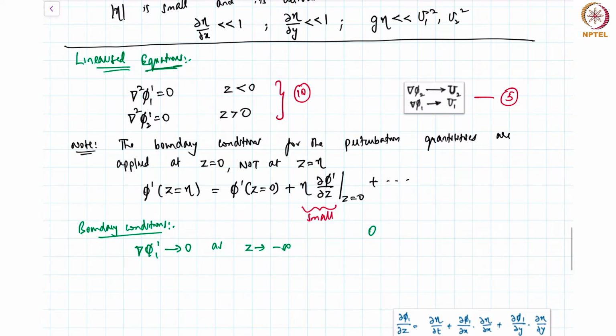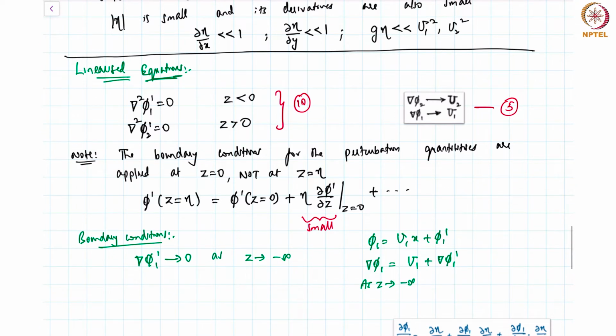If we just simply substitute phi 1 is u1x plus phi 1 prime, then gradient of phi 1 will simply be u1 plus gradient of phi 1 prime. So as z goes to minus infinity, if del phi 1 goes to u1, it means that del phi 1 prime, whatever is left, has to go to 0.